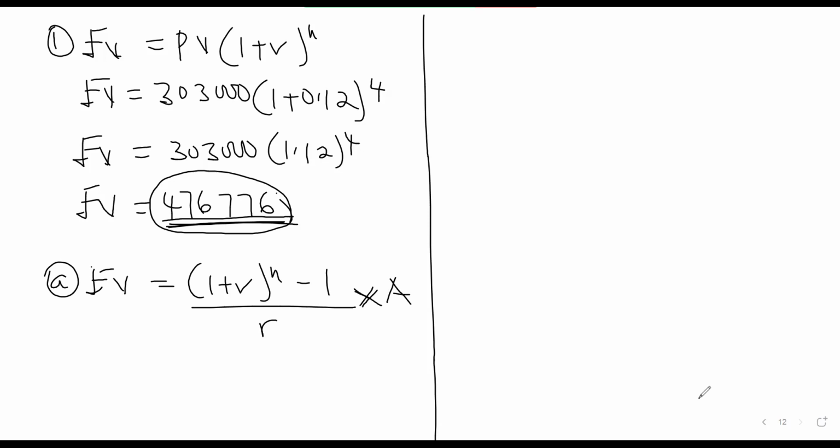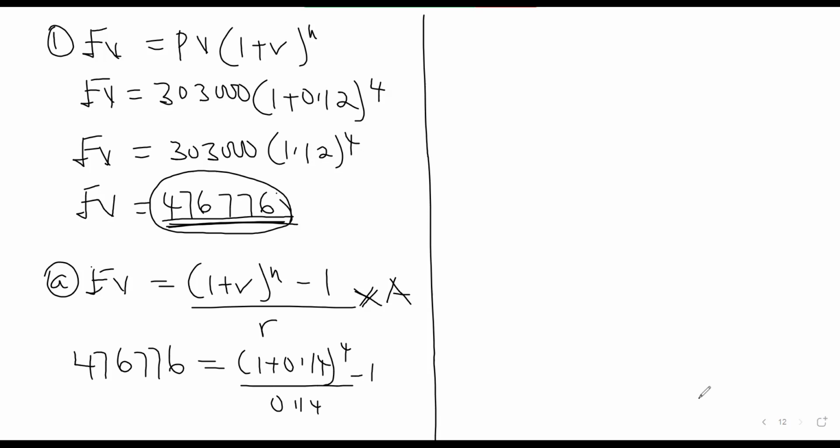We are looking for A, which is the amount, but we know that the future value is 476,776, which is equal to ((1 plus 0.14) exponent 4 minus 1), all divided by 0.14. That is the interest that the sinking fund will be bringing. Then you multiply the answer by A, which is the amount. What are we getting?